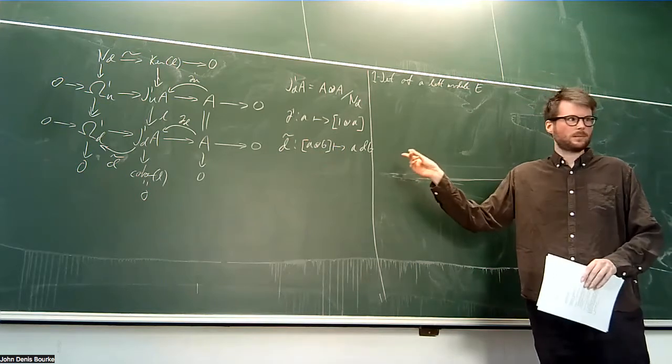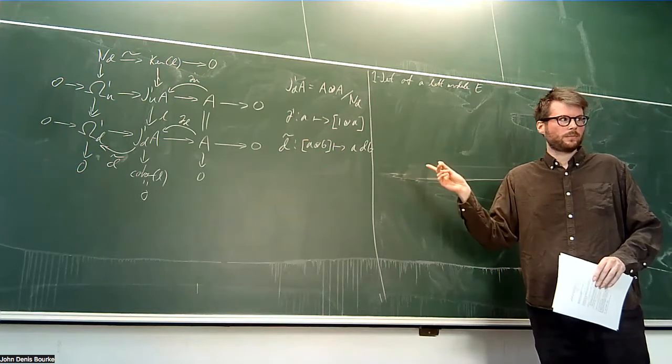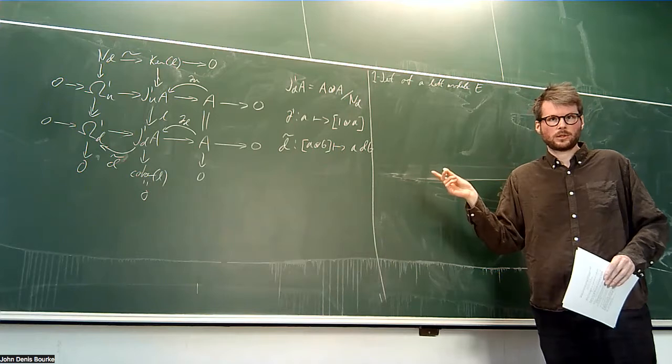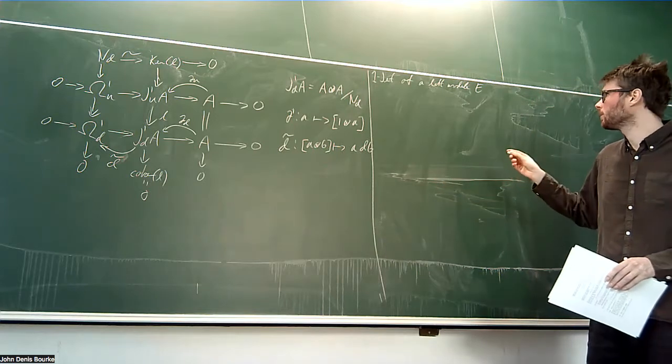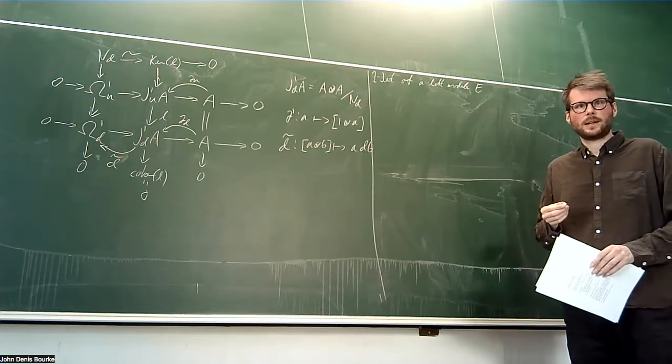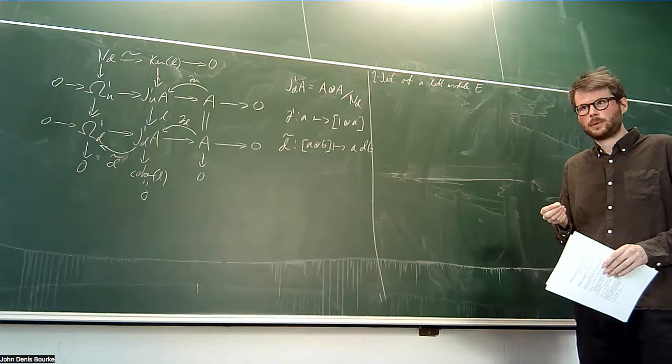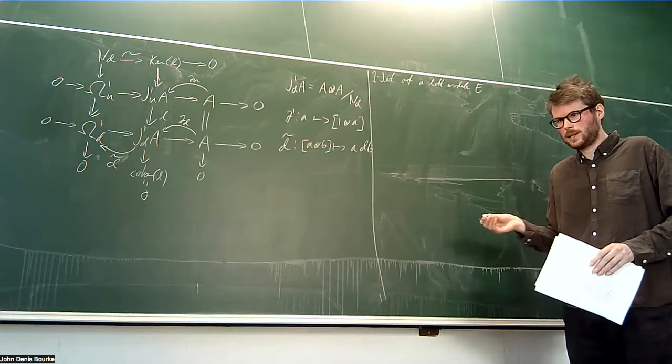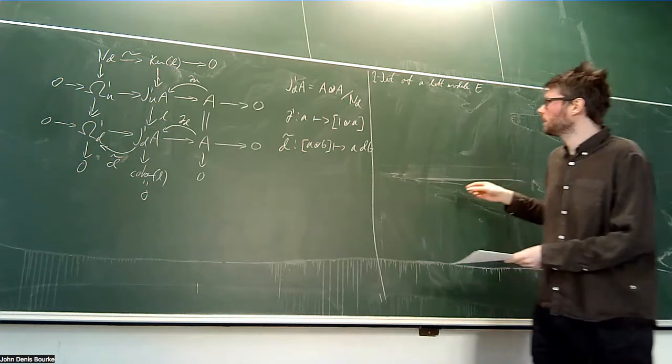So since this splits both as a right and a left module, our life is very easy because now we can just tensor on the right with the left module, and that will preserve exactness of split exact sequences. So you immediately get the left.